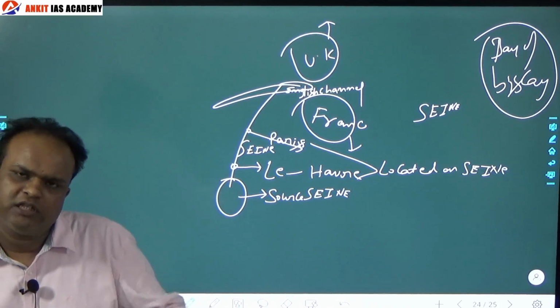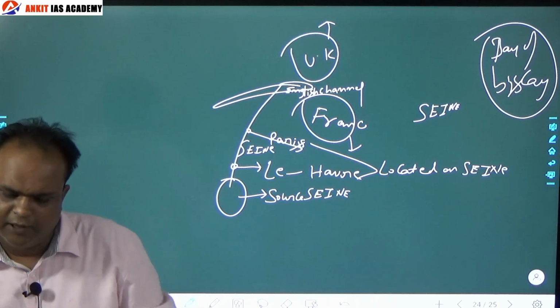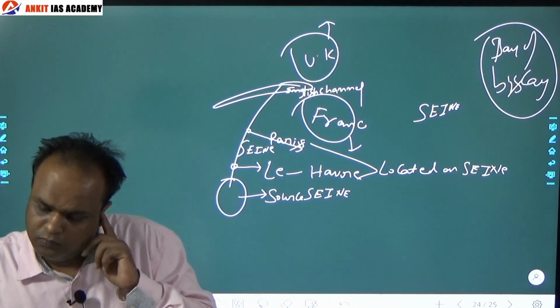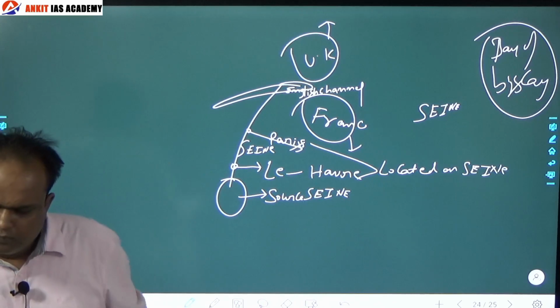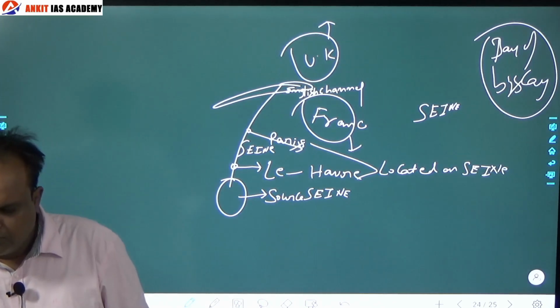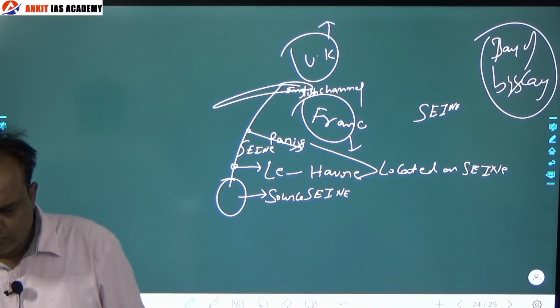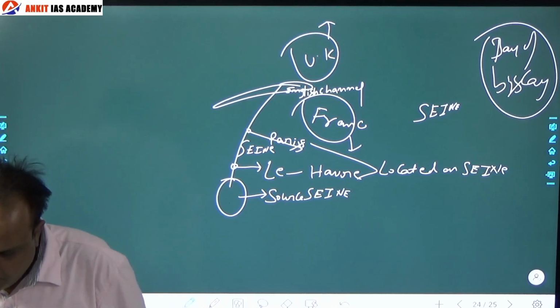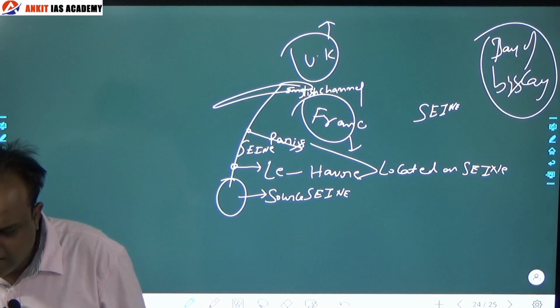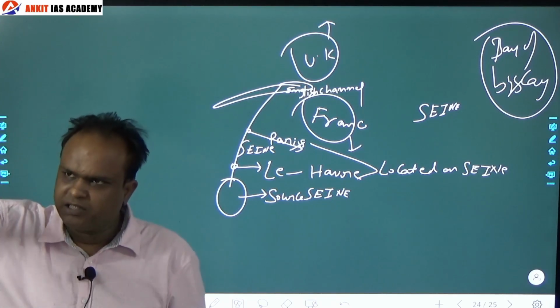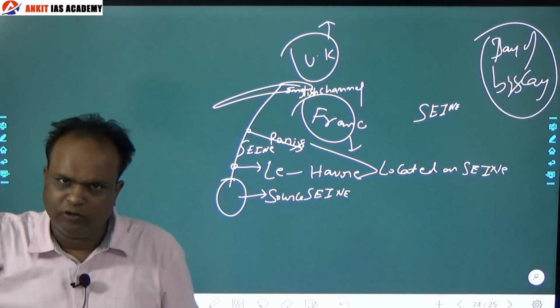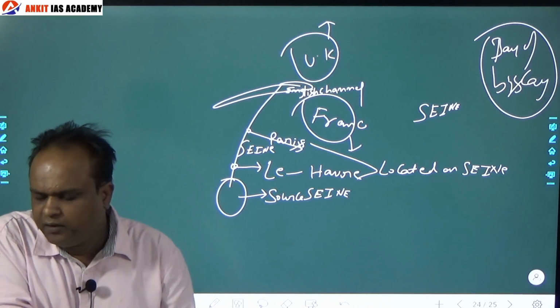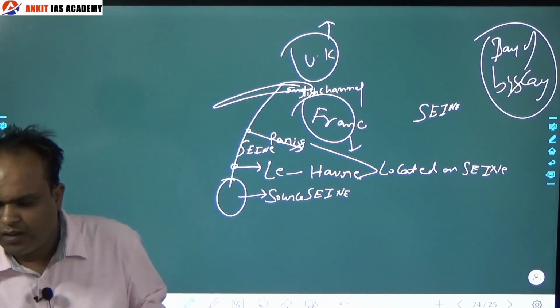To the north of North Sea, in the extreme north, there is Norwegian Sea. Highlight Norwegian Sea also. Then highlight Rhine River, R-H-I-N-E. Rhine is easily available to the eastern side of Seine River, or to the south of North Sea on the landmass.